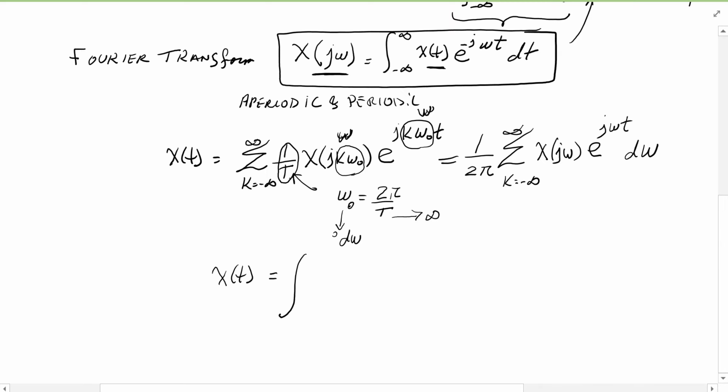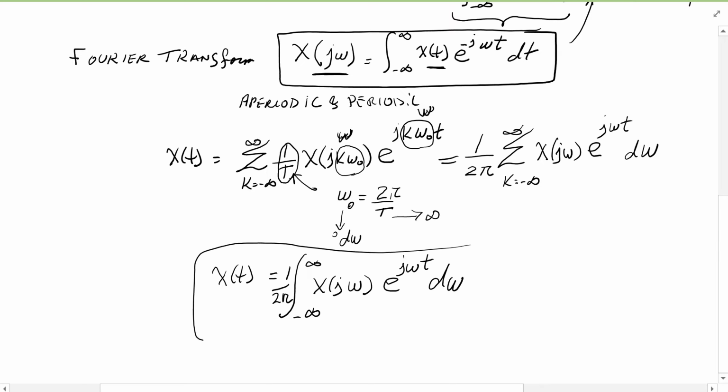There's a 1 over 2 pi in the front, and then it goes from minus infinity to infinity, x of j omega e to the j omega t d omega.